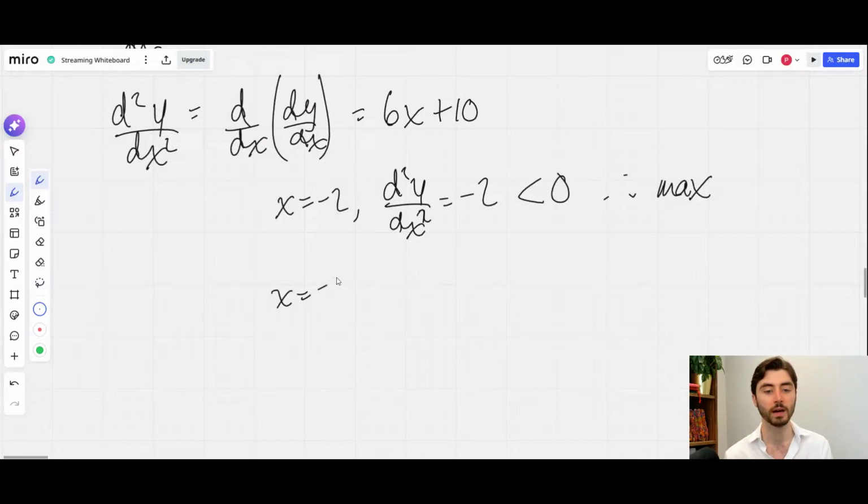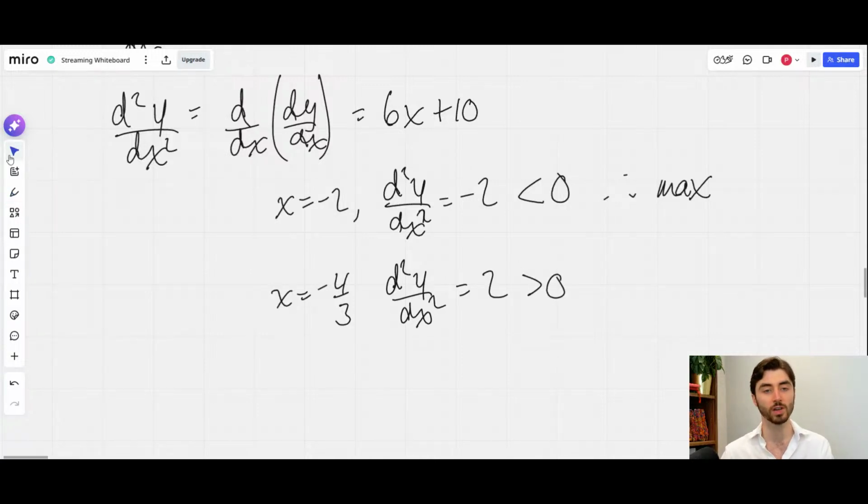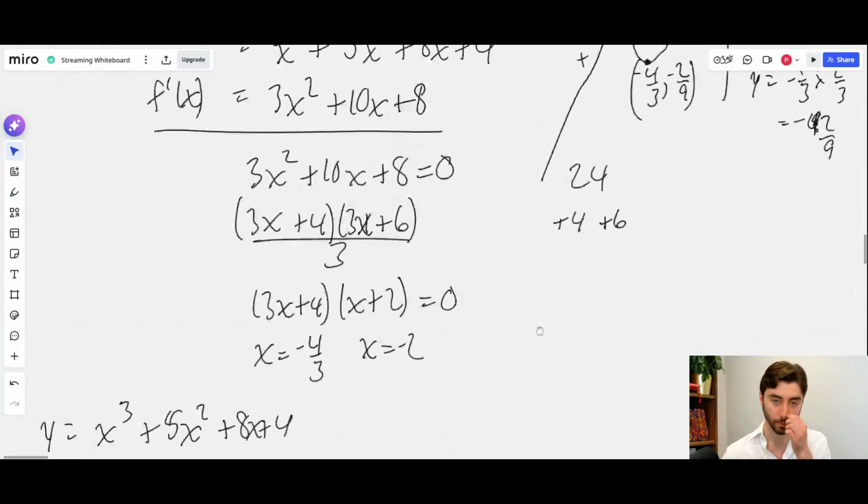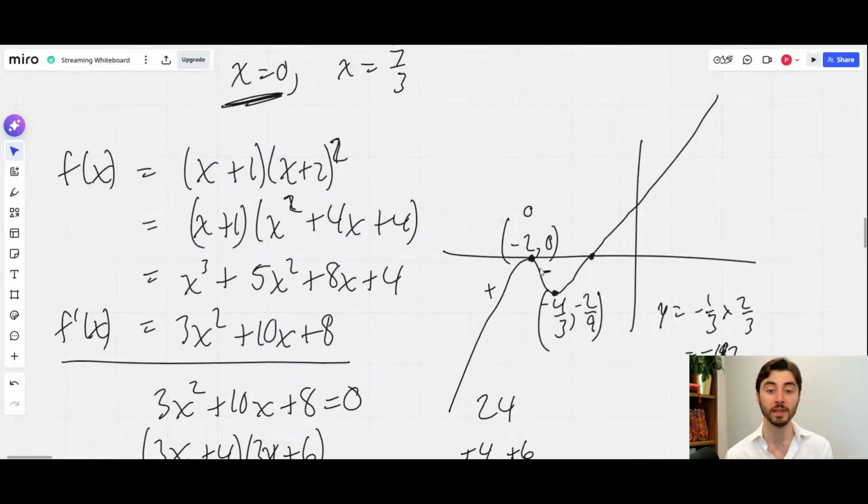When x is equal to -4/3, if we plug that in, then we can see that the second differential is equal to 2, which tells us that the gradients are increasing around that point, and therefore it's a minimum. Because the gradients are going from negative to 0 to positive.